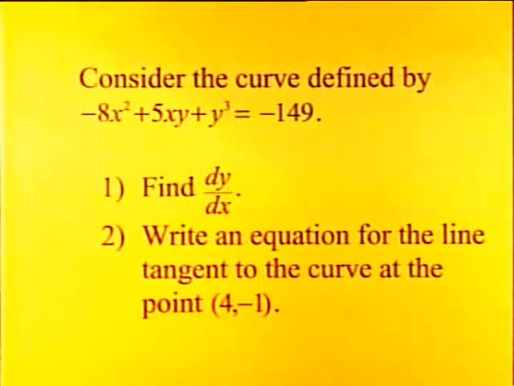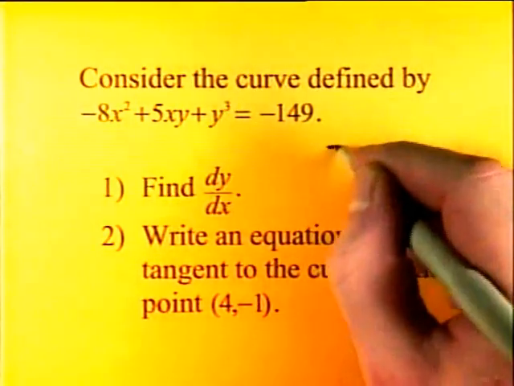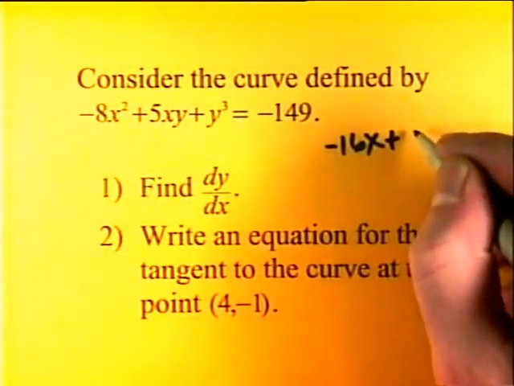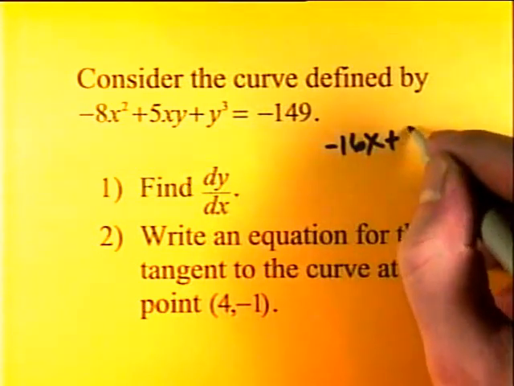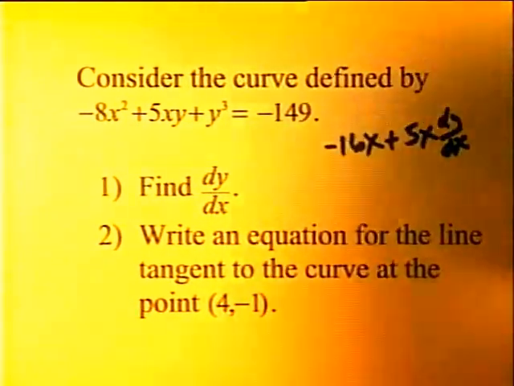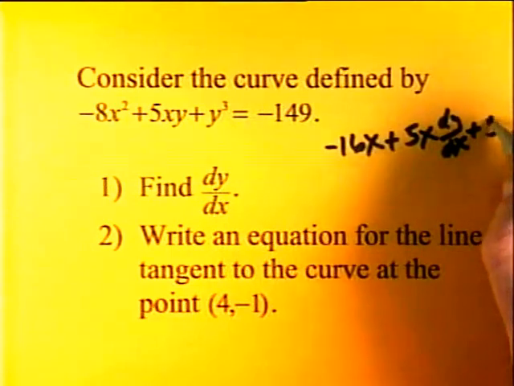So let's try this. Negative 8x squared plus 5xy plus y cubed is negative 149. Find dy/dx. It'll be negative 16x plus 5x times dy/dx, plus y times 5, or 5y.